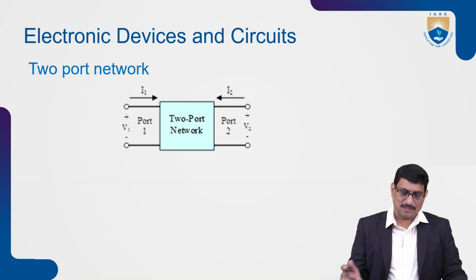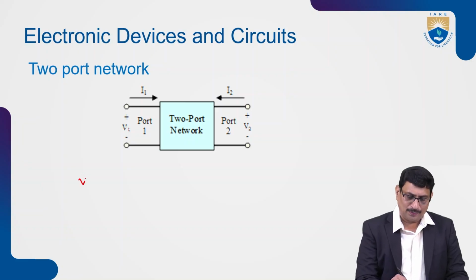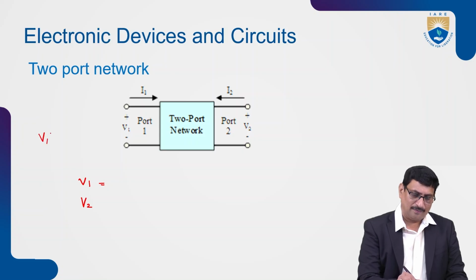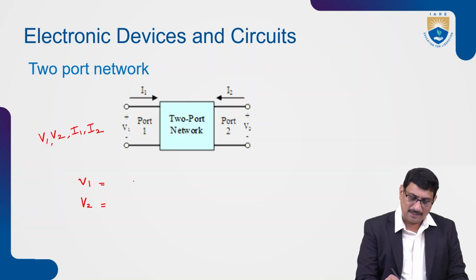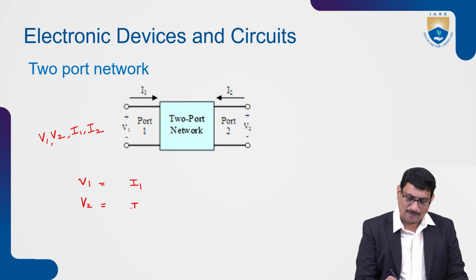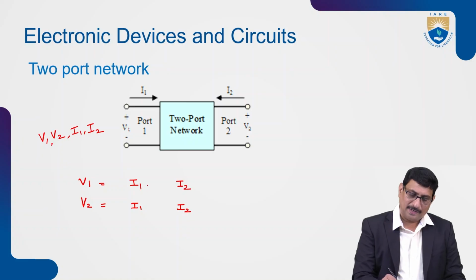Then, out of these four variables V1, V2, I1 and I2, some are dependent and some are independent. Suppose V1 and V2 are dependent variables, depending upon I1 and I2, which I assume are independent variables.